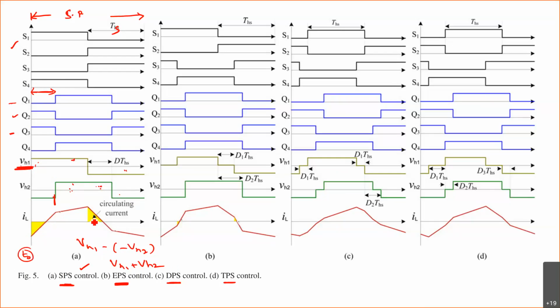At the end of pi degrees, at this point, the current reaches its peak value, and again it reduces. This is the point where the inductor current touches zero value.